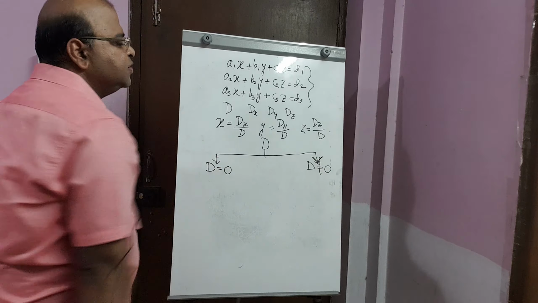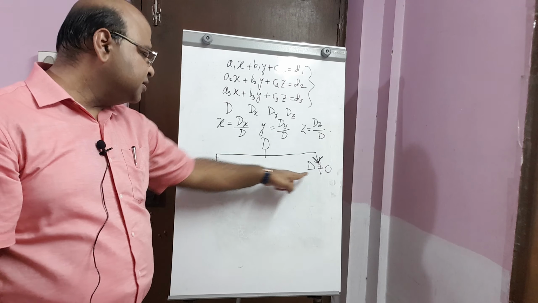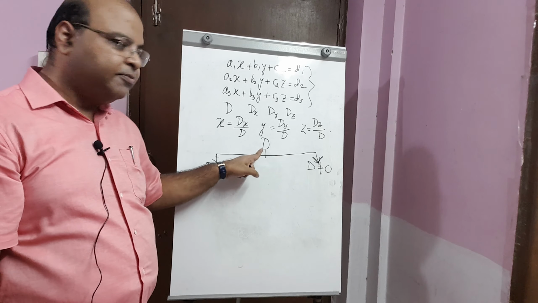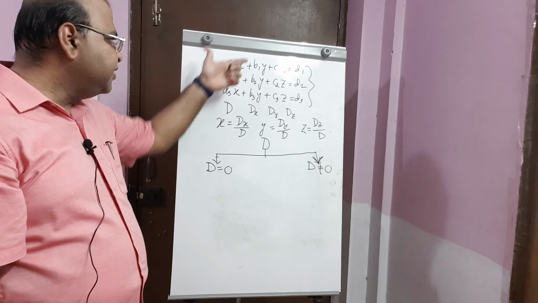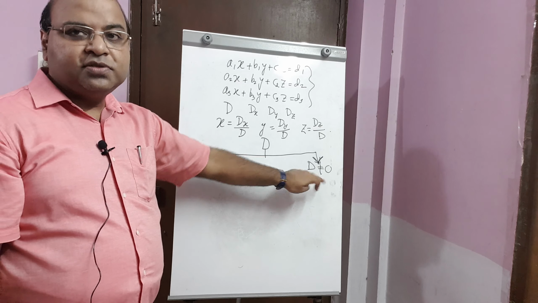No other case is possible for D, because the value of a determinant is a real number in this case, as we are dealing with a real system.